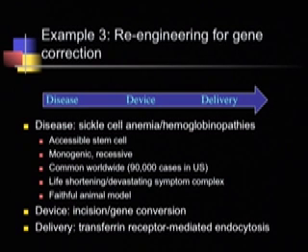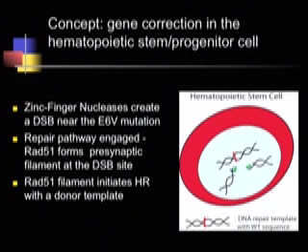And we're exploring delivery by transferrin receptor-mediated endocytosis. The idea is that we'll create a double-strand break near the sickle cell mutation, or in principle, any mutation for a monogenic disease. We will engage a specific repair pathway. In this case, it will not be non-homologous end joining.